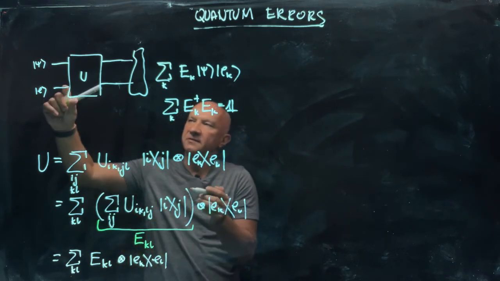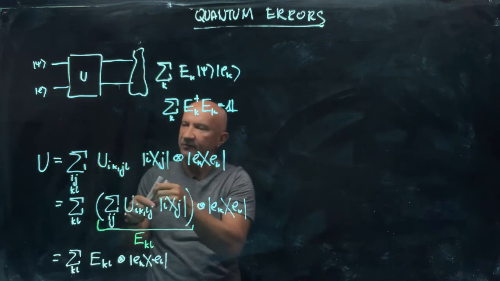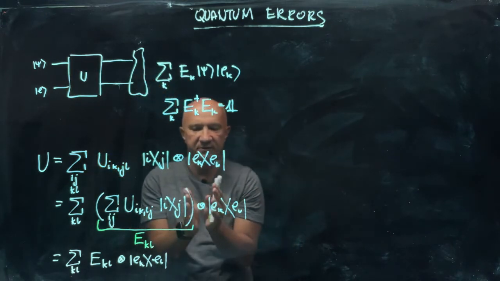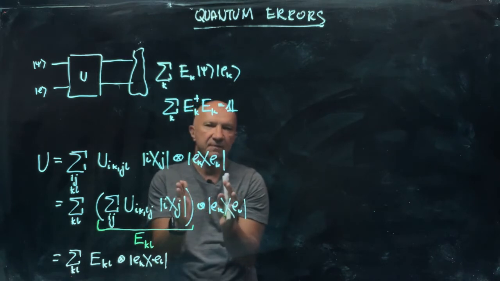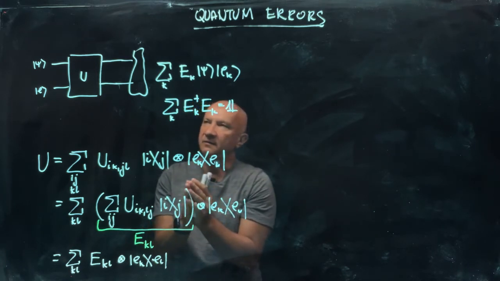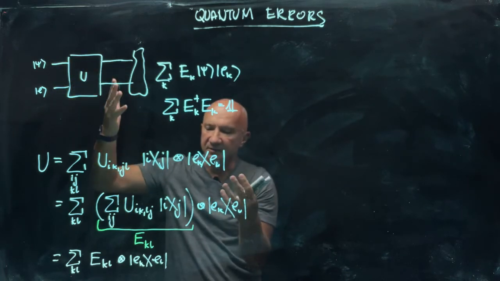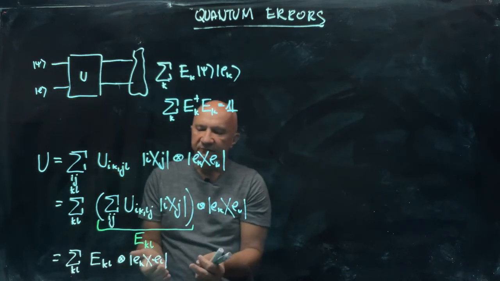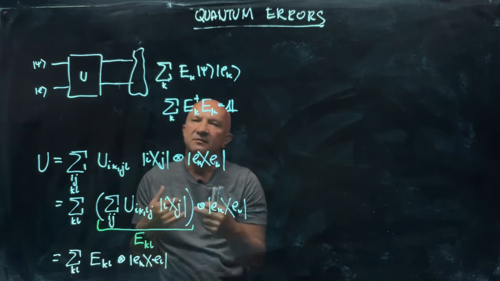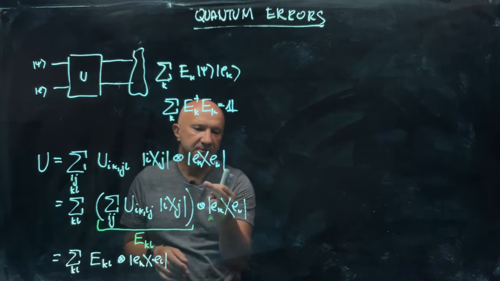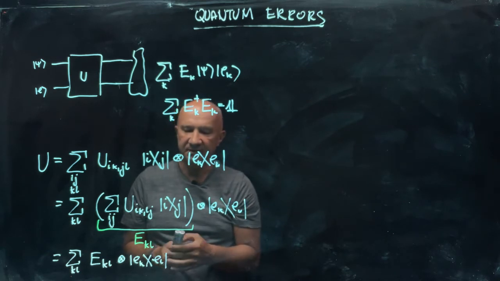Now, as it happens in our scenario here, we fix the initial state of the environment. We assume that the initial state of the environment is just E. And we are interested in the unitary evolution under this condition. So if we fix E, we can choose E to be one of the orthonormal basis vectors from this set.